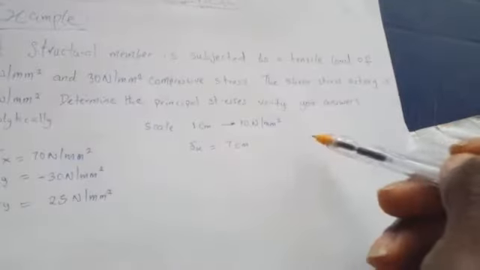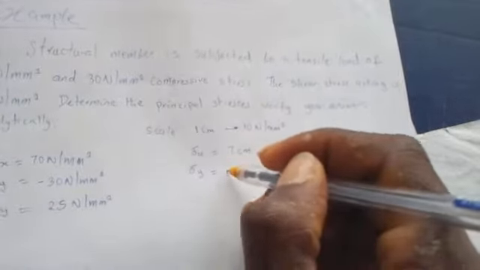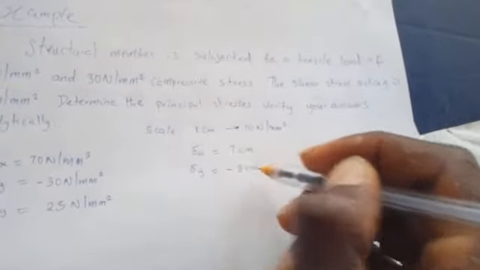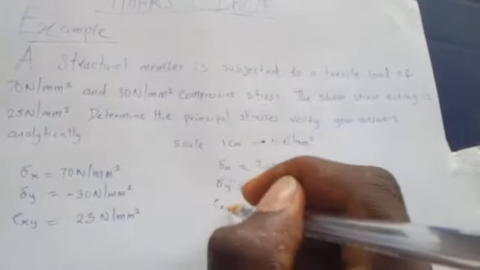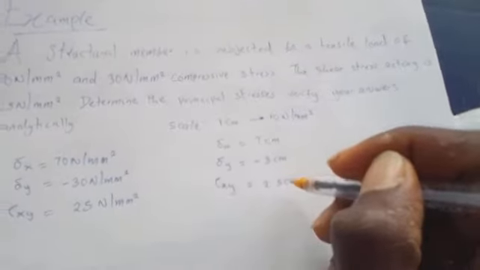That is 17 Newton per millimeter squared divided by 10 Newton per millimeter squared. Also, sigma y is going to be what? Negative 3 centimeter. And our tau xy is going to be what? 2.5 centimeter. Very good. Now, straight to Mohr circle.